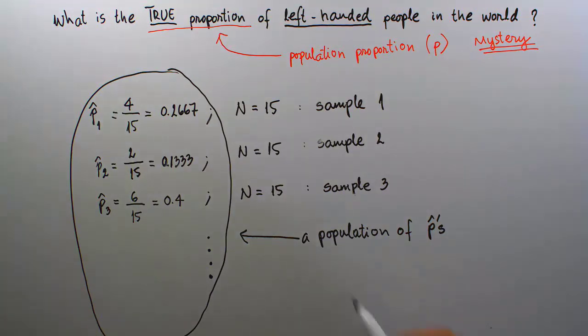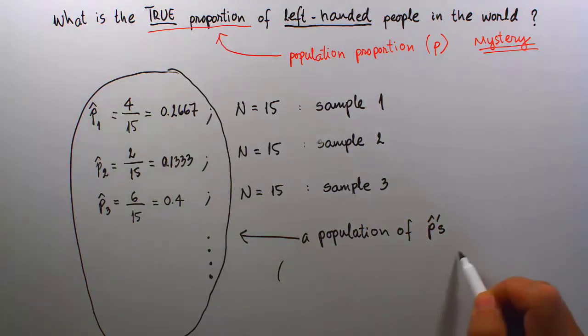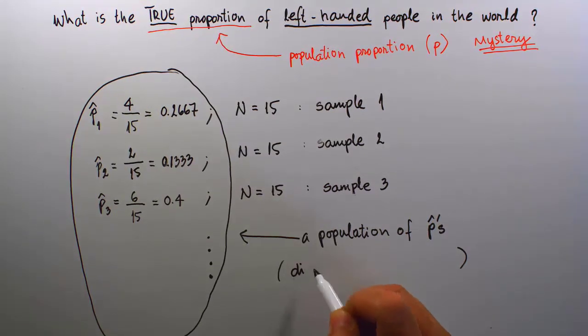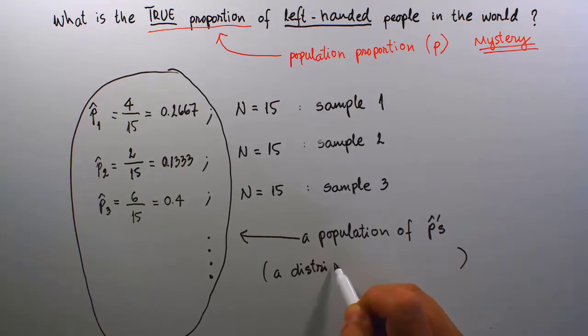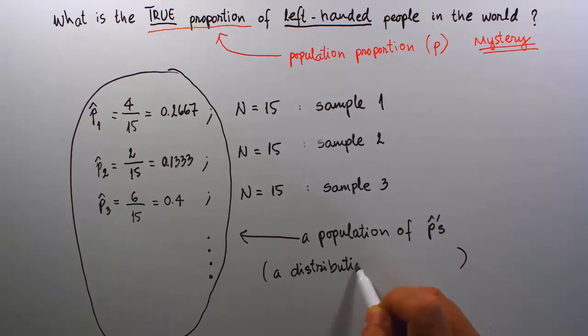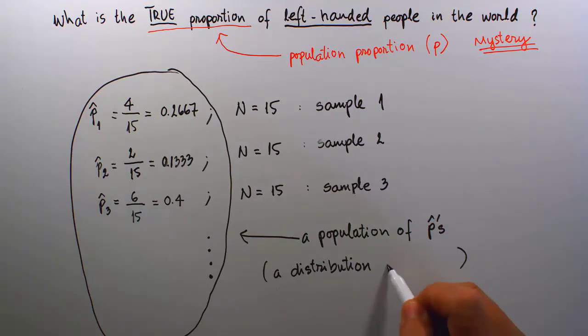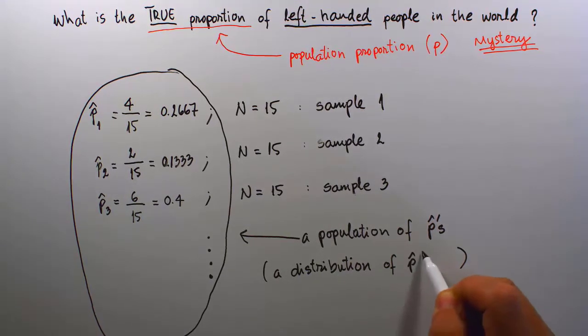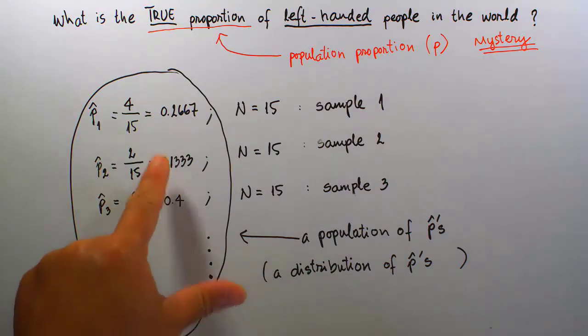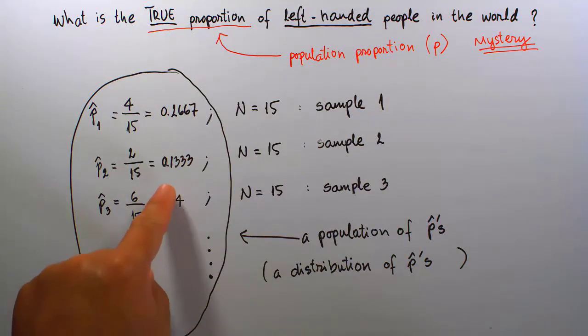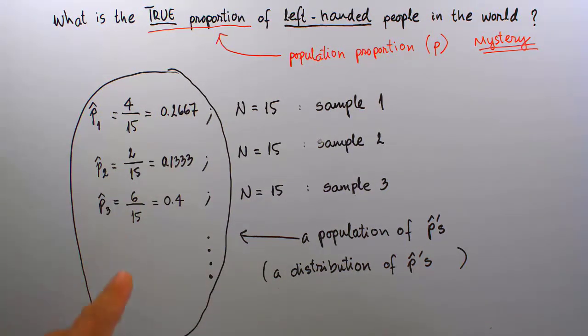Sometimes we might refer to this as a distribution. To make the term a little more formal in statistics, it's a distribution of sample proportion values. The reason I say distribution is that some of these sample proportion values can have more probability, and some other values have less probability, less likeliness.